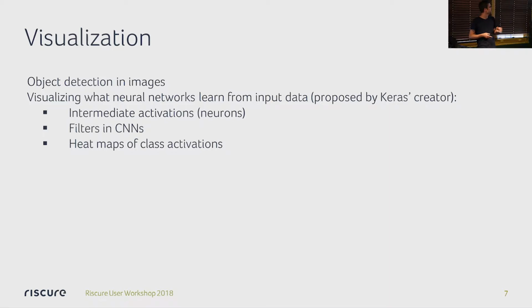Basically it analyzes how the intermediate activations are created when you provide input data. Also, when you use convolutional neural networks, because this is one of the main contributions of this author, it analyzes how the filters are contributing to the detection of features inside the network, and also how to create heat maps of the activations for specific classes.